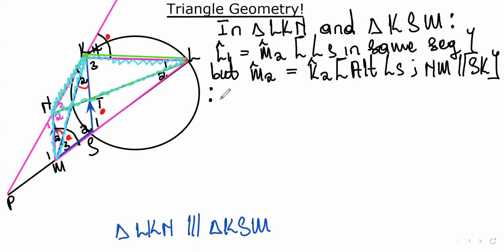So what? So this means angle L1 is equal to angle K2, because L1 is in triangle LKN and K2 is in triangle KSM. We managed to make the first connection.